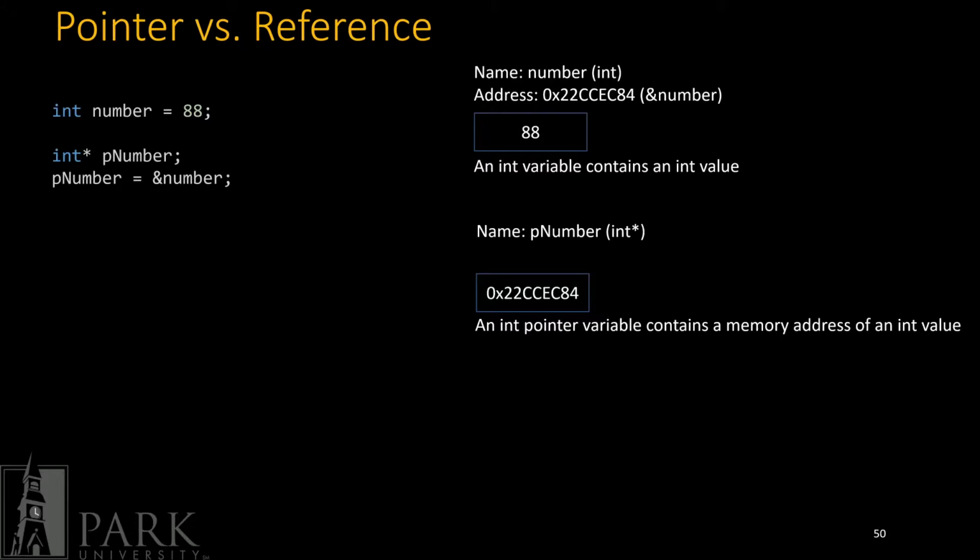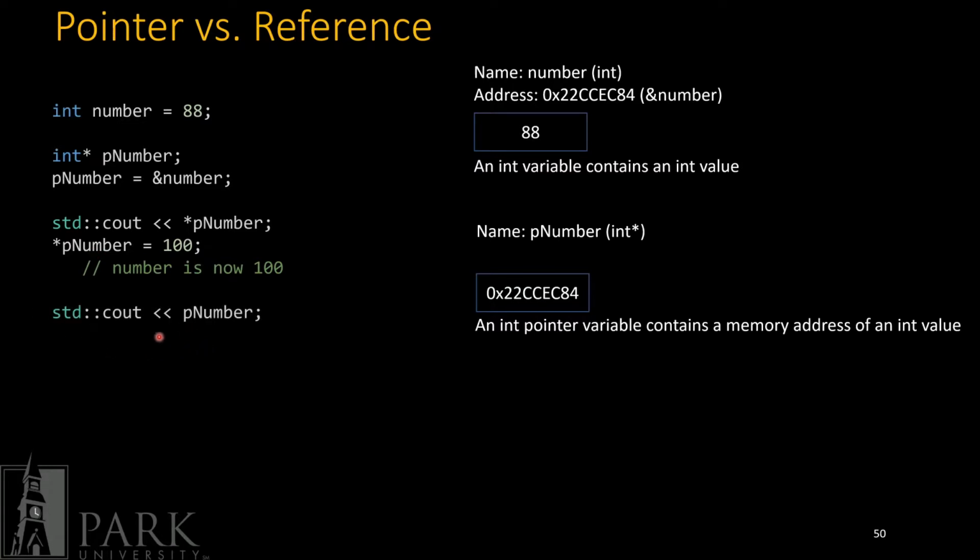You can access the variable number by dereferencing this pointer. So here you can see that we are dereferencing pNumber, and here we're printing it out, and here we're assigning 100 to the value that pNumber points to. If you print out pNumber, you'll get the address that it holds, not the value.